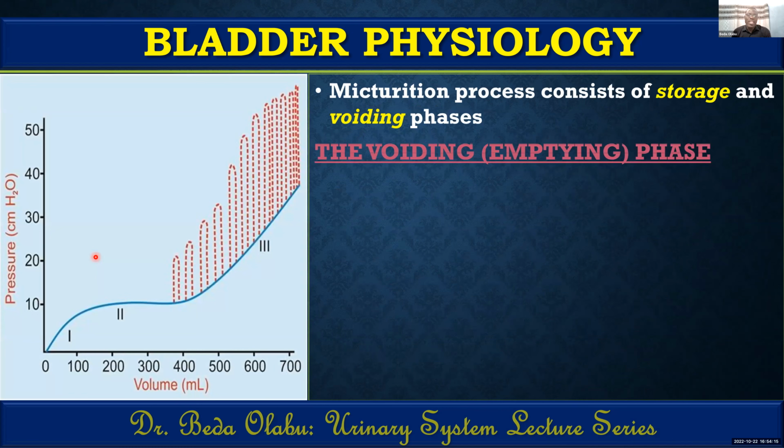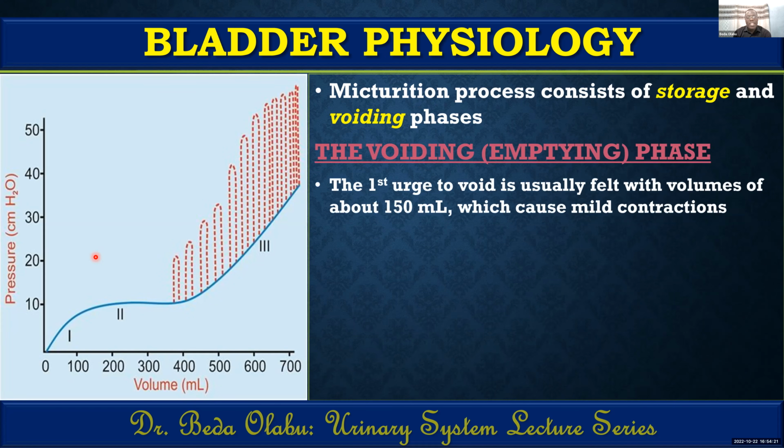Now let's talk about the voiding phase, the emptying phase. Let's start with the urge. The first urge to void is usually felt at much lower volumes, actually. When the bladder volume reaches about 150 ml, it may cause some reflex mild contractions.